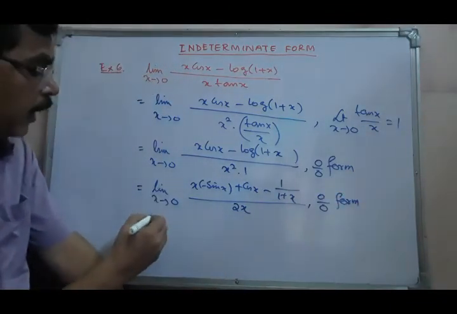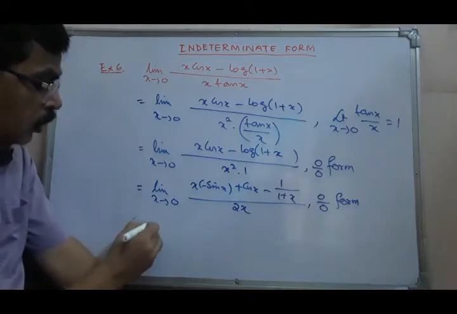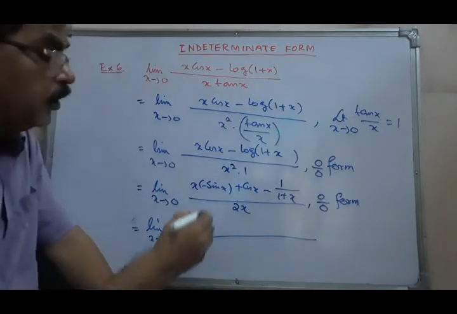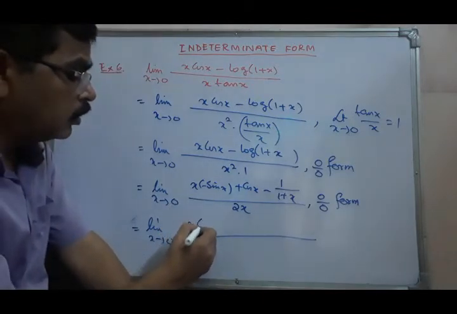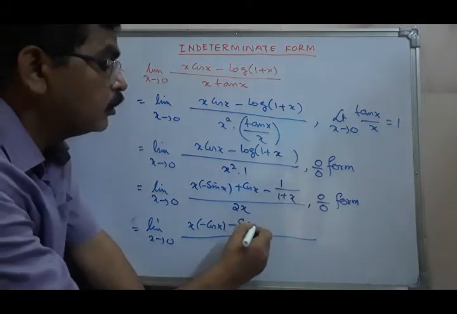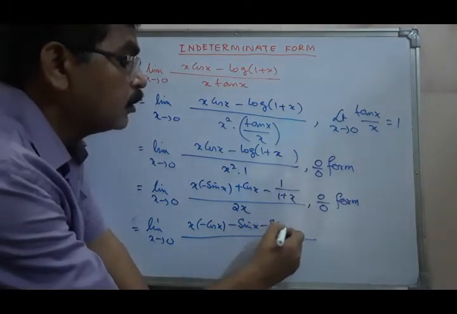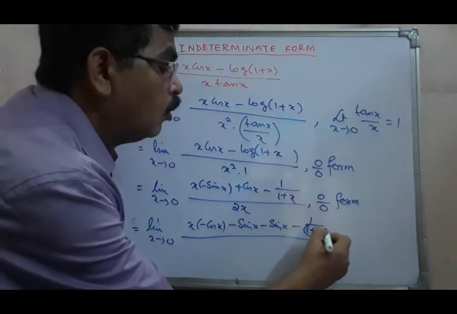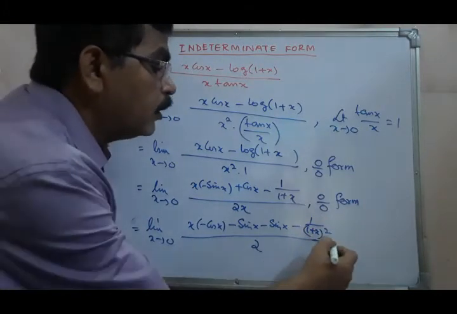So therefore we are applying again L'Hospital rule, that is limit x tending to 0. So numerator coming x into minus cos x minus sin x minus sin x minus 1 by 1 plus x whole square, divided by 2.